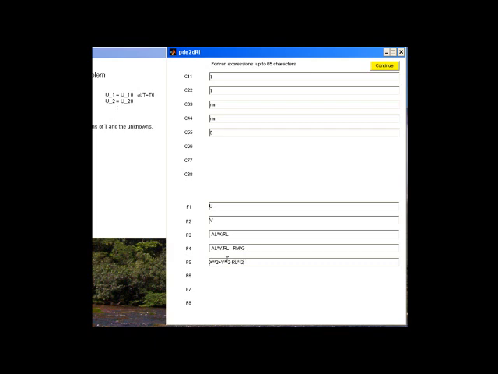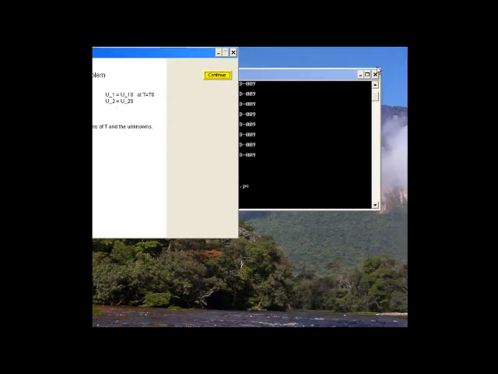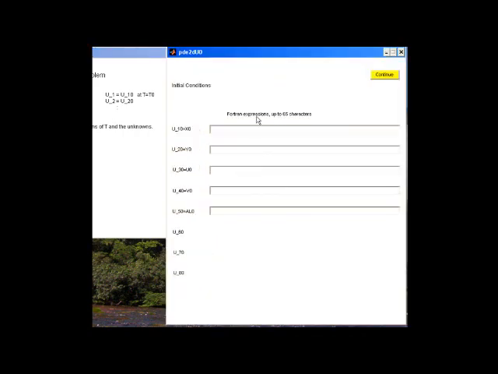Remember, in Fortran, for the square or exponentiation, you have a double star instead of a caret. Okay, so I think those are our 5 equations. If I make a mistake, it'll be easy to correct later on.